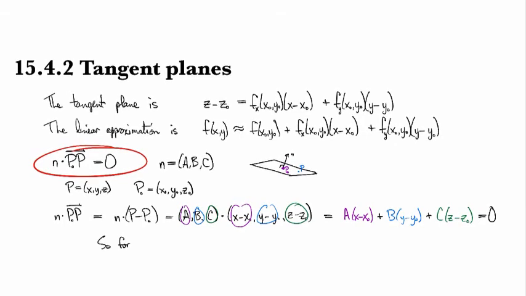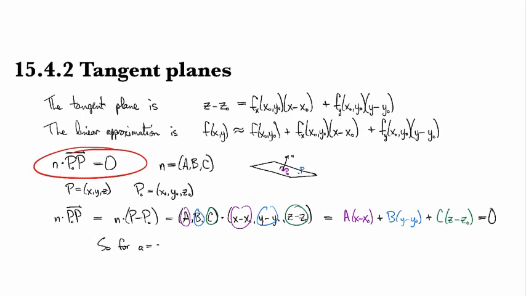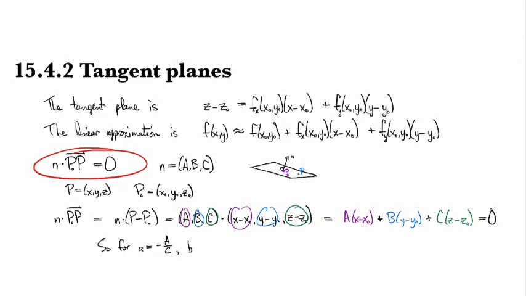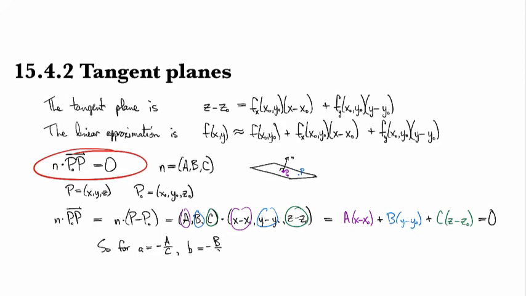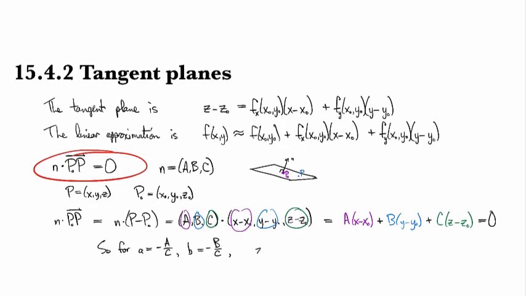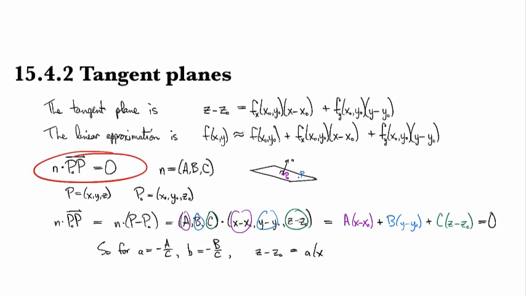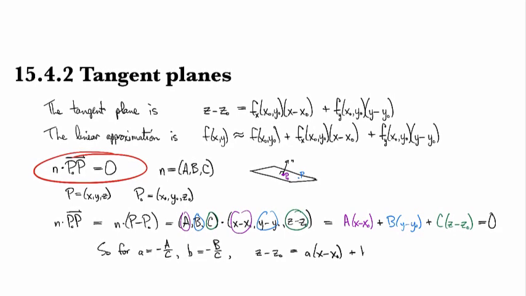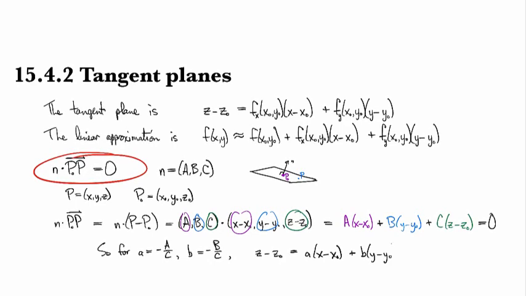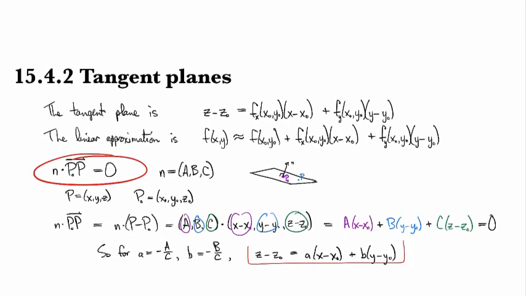So if we make a substitution here, if we divide through by c and we write a as minus a over c and little b as minus big B over c, then we can rewrite this equation as z minus z naught equal to a times x minus x naught plus b times y minus y naught. Okay, so this is the formula then for any plane. It's just rewritten in a slightly different way.